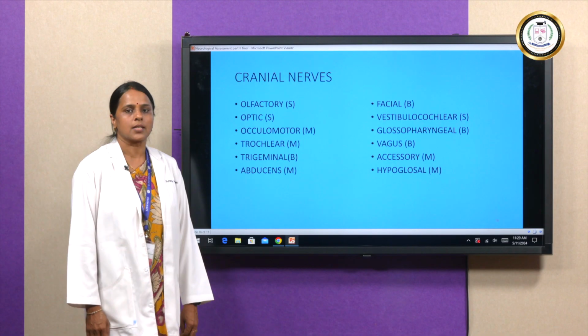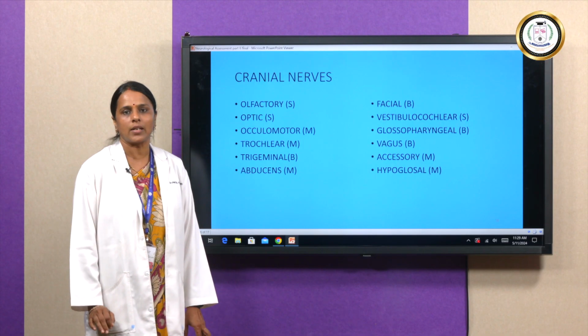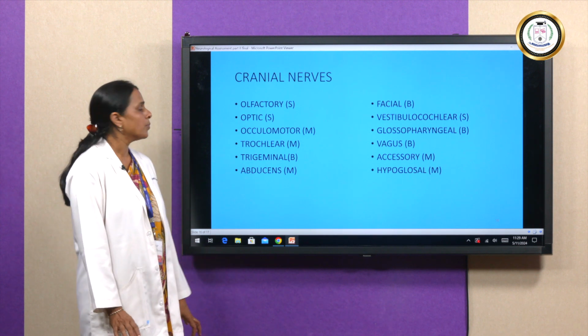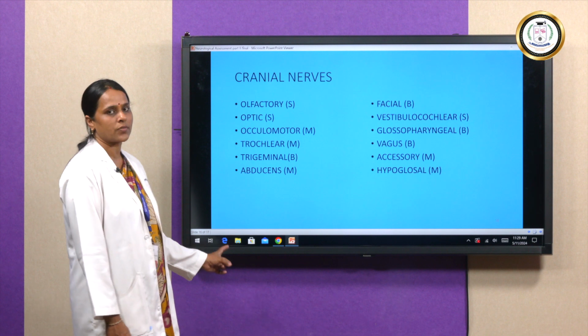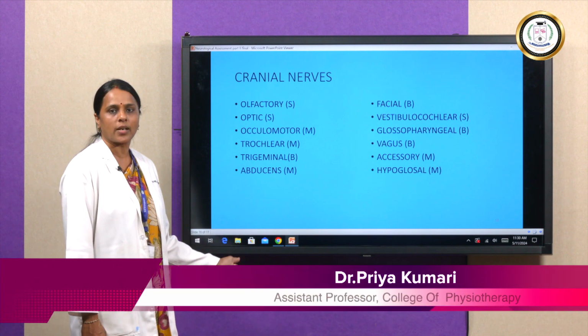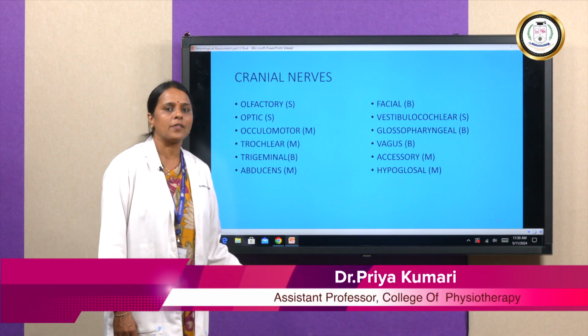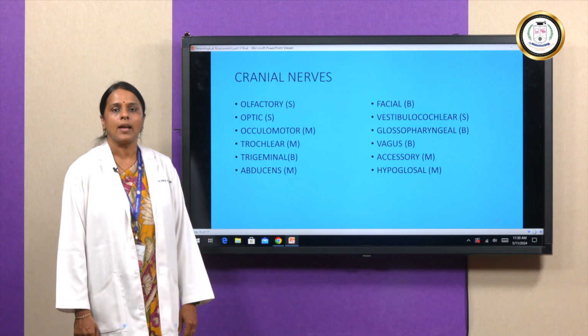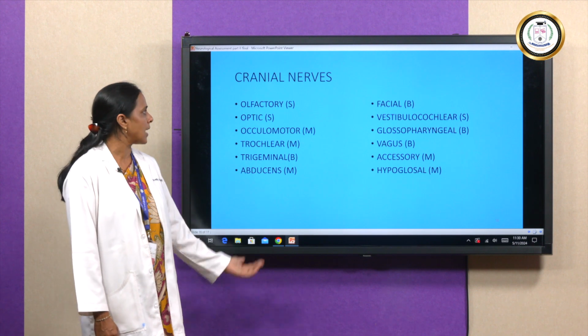Some of these nerves are exclusively sensory, some exclusively motor and some both. So that is how it is written: S is for sensory, M is for motor and B stands for both. If you check online, there are many mnemonics; you can make your own one to memorize these cranial nerves.